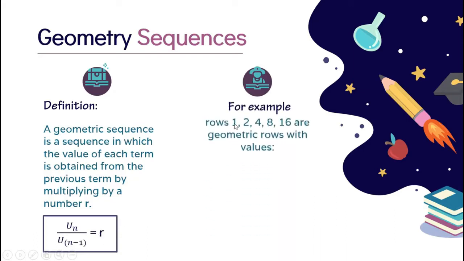For example, the sequence 1, 2, 4, 8, 16 is a geometry sequence with the value r equals 16 divided by 8 equals 8 divided by 4 equals 4 divided by 2 equals 2 divided by 1 equals 2.